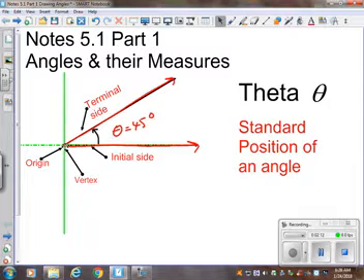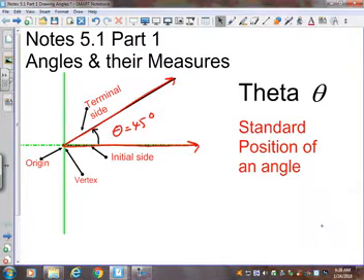Now, as we want to get more specific, we can talk about size of angles. What you're used to talking about with size of angles is like 0 to 90 is acute, 90 is a right angle, 90 to 180 is obtuse, and 180 degrees is a straight angle.